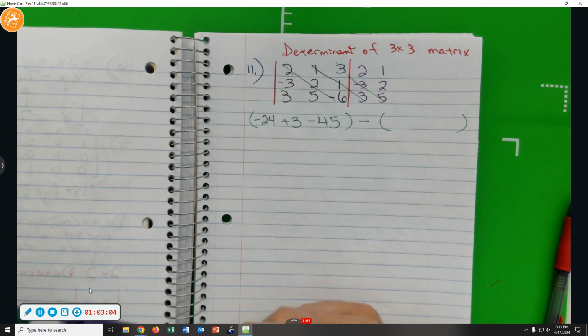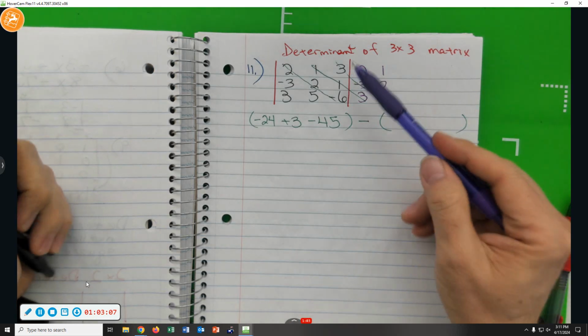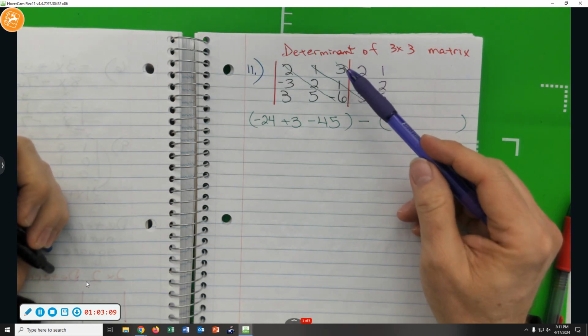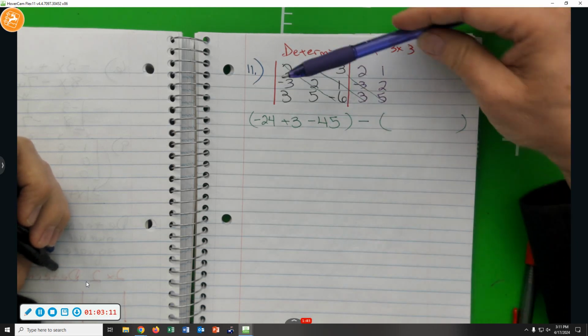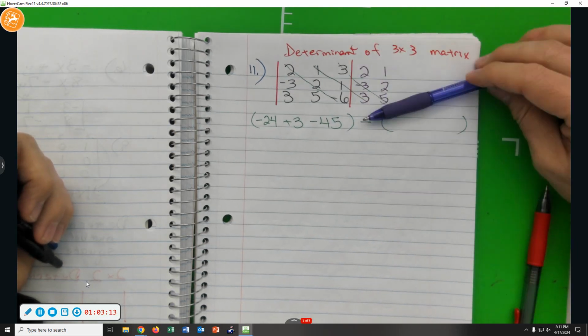Now you're still positioned at this 3, and you change directions. You had 3 diagonals falling from left to right.